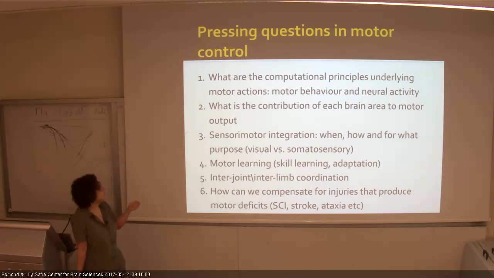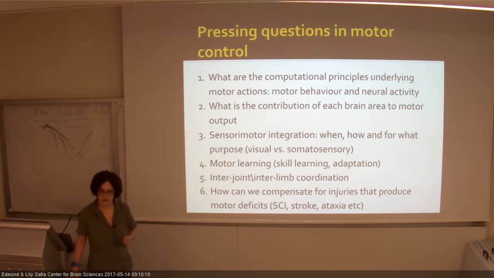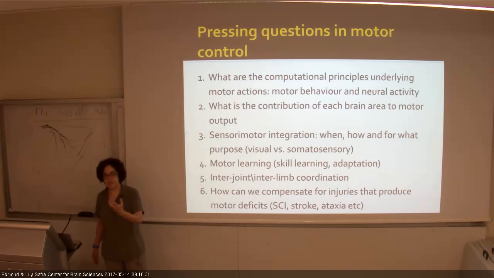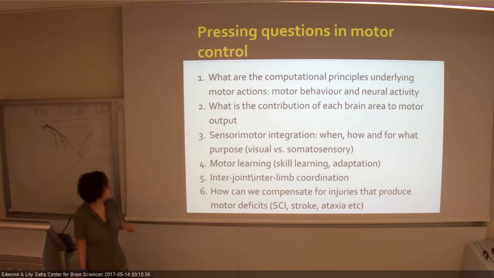We don't really understand the contribution of each brain area to motor output: the cerebellar impact, the basal ganglia, the midbrain pathways. There are multiple brain areas that we know, if damaged or destroyed, cause clear motor impairments. But the specific contribution of these areas to performance of actions is not quite clear.